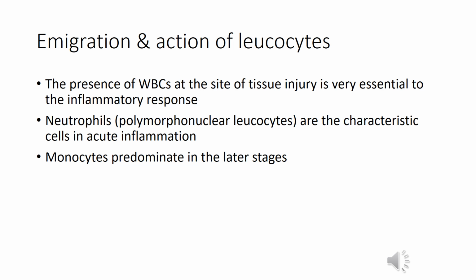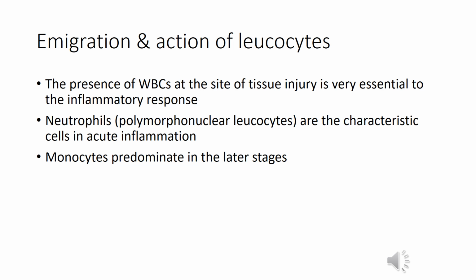They are also known as polymorphonuclear leukocytes. They will usually appear as the first white blood cells, whether the injury is due to an infection or not, whether there are dead tissues there or not. Neutrophils will always show up first, within the first 24 hours.